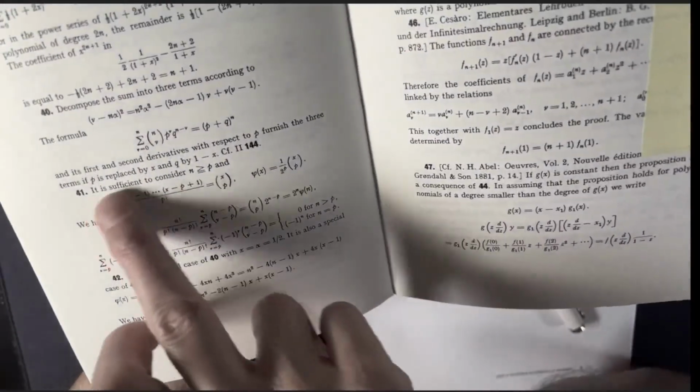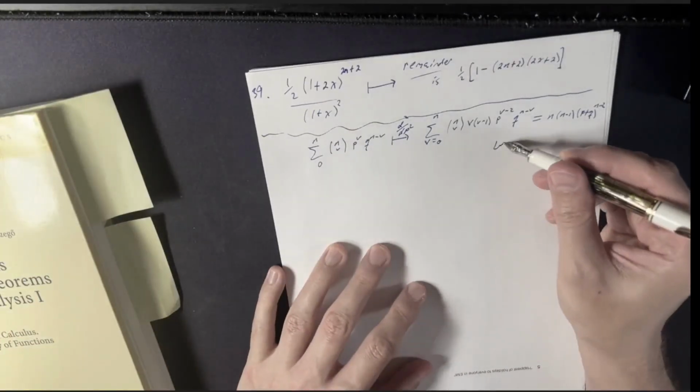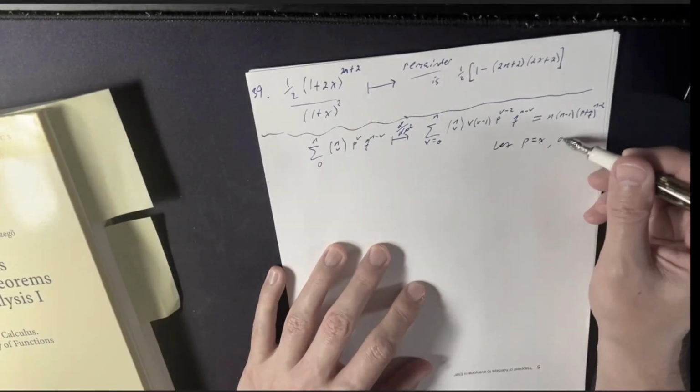Now, he also specifically lets p be x, right? So on the right hand side you'll get like 1. So of course we're going to let p be x, q be 1 minus x.